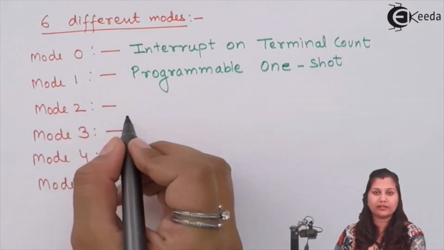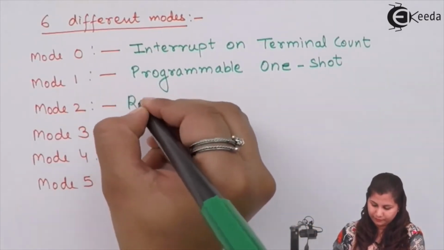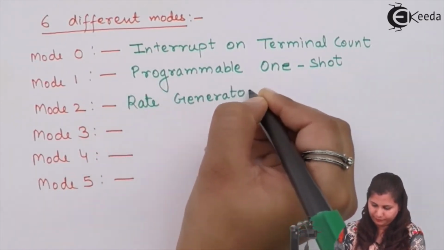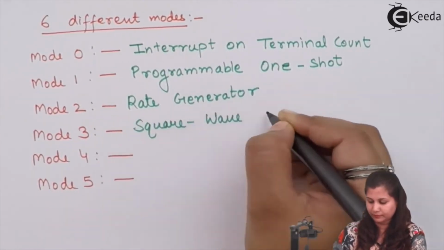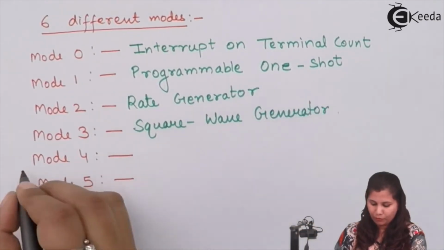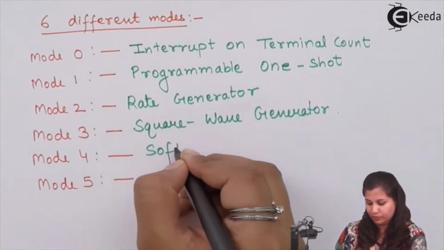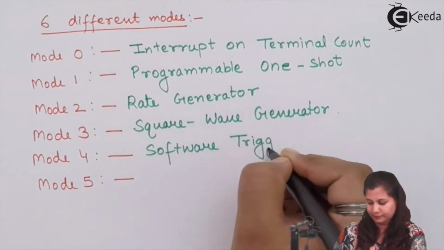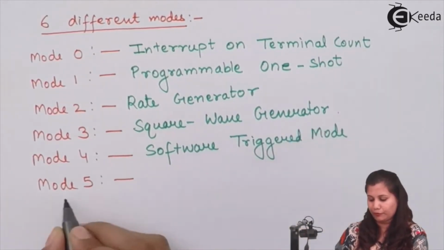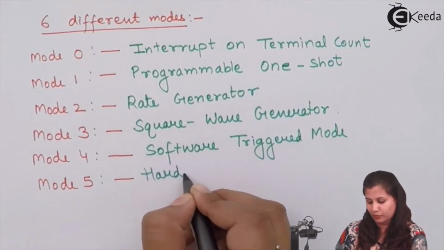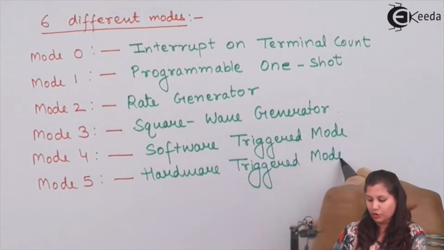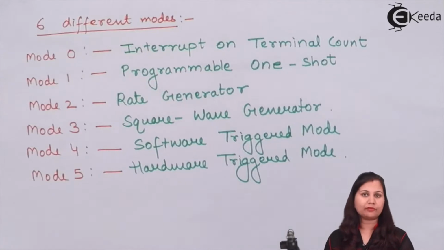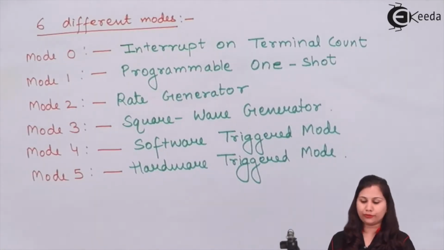Mode 2 is the rate generator mode. Mode 3 is the square wave generator. Mode 4 is the software triggered mode. And mode 5 is the hardware triggered mode. So these are the 6 different modes of the 8253 or 8254. First we will start with mode 0.